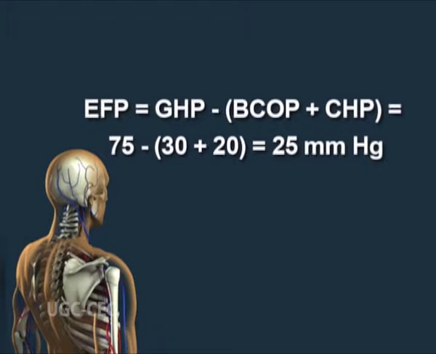Hence, EFP is equal to GHP minus BCOP and CHP, which is 75 minus 30 plus 20, equal to 25 mm mercury. Both kidneys produce glomerular filtrate at the rate of about 125 ml per minute or 180 liters per day.